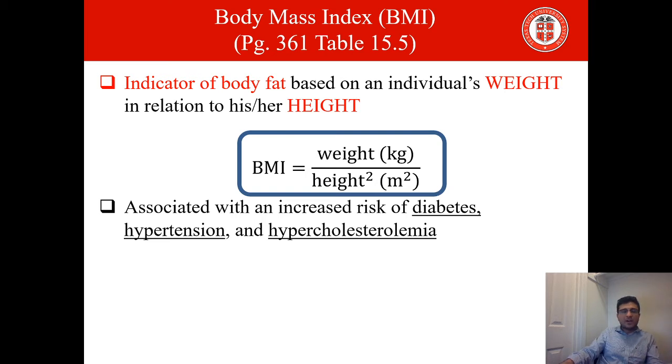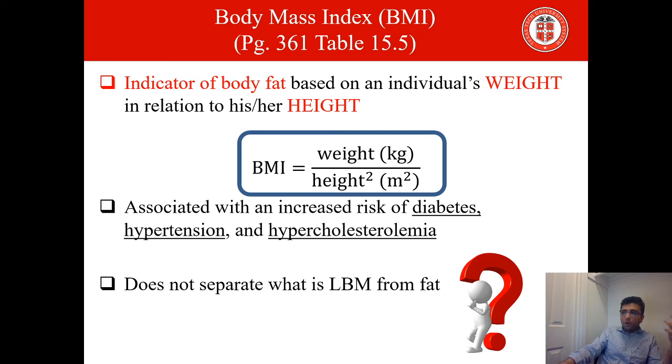The first one which I want you to think about is that it won't separate lean body mass from fat. So this is a big issue. I want to give you an example. You can find a person whose BMI is, let's say, 30. That person has a high BMI.